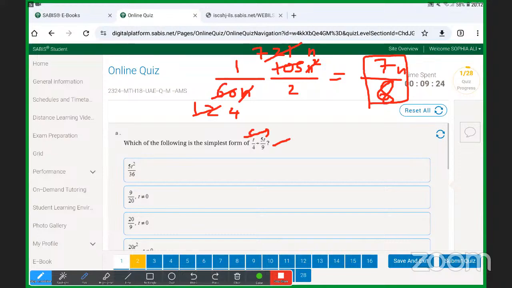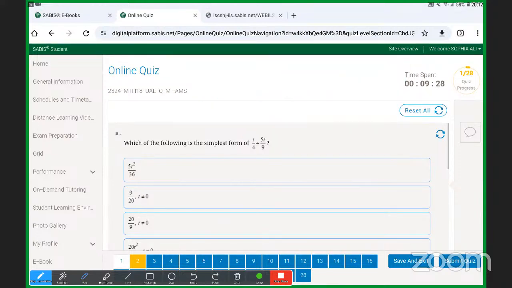Next. When you have a fraction divided by another fraction, you write t over 4 divided, you make it times, and then you flip the fraction after it. So what's the first thing you will do for simplifying?